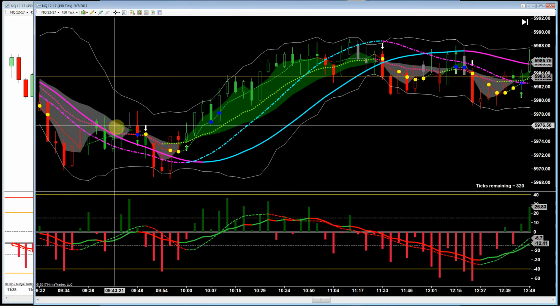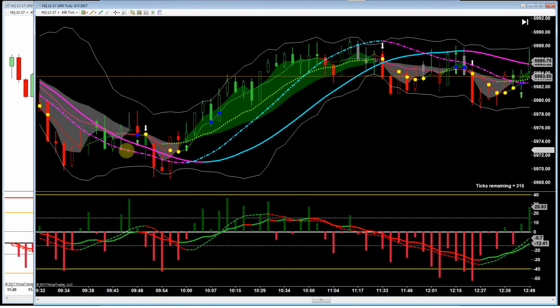And coming into this period here, again, choppy whipsaw, notice how the number 2 is just holding the 0 line here. Not much going on.